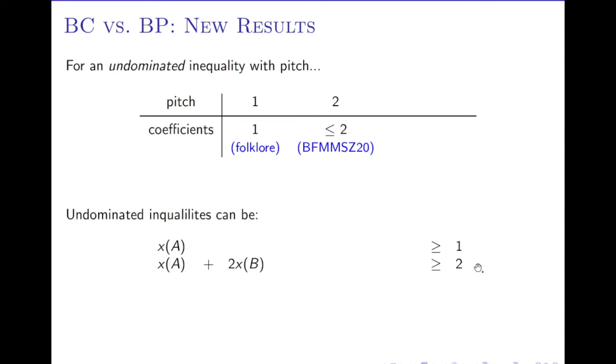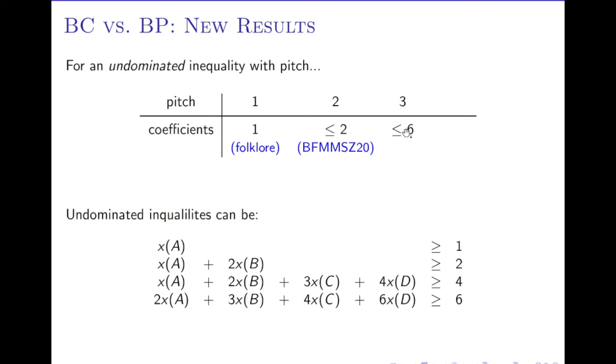And what we show is that if the pitch is 3, then the coefficients will be bounded by 6, and they can take these two forms. So it seems like there's a pattern, and probably for pitch 4, the coefficient will be bounded by something like 12 or 24. But surprise, actually, as your pitch gets higher, your coefficient is no longer bounded.